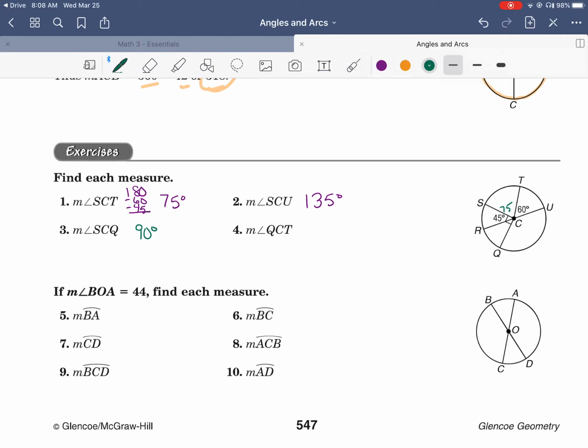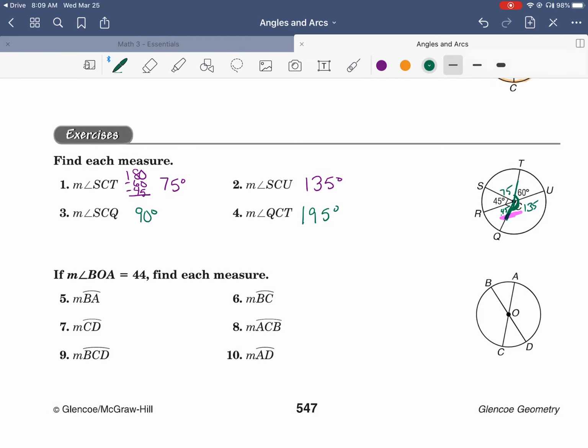If I want to find QCT, it's this angle right here. So this one's 45. These two together right here have to equal 180. If this side is 45, this one has to be 135. So this whole angle is 60 plus 135, which is 195.